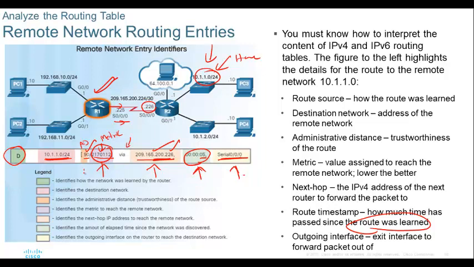And who gave this route? D, means EIGRP. That is the route source. And to which destination? So this is how you have to understand each line in the routing table. This is what we call a route. This is one route in the routing table. You understand?